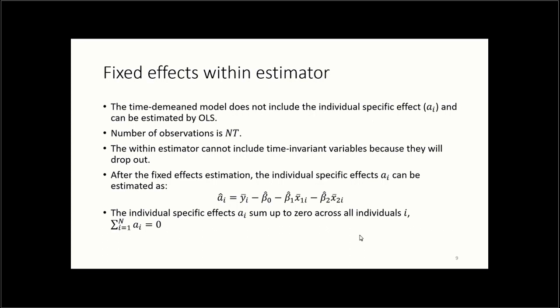So again, take the example of education: if it does not vary for individuals in the sample, so if no one got additional education, the number of years of education minus the mean would basically be 0 for everyone. So such a variable, a time invariant variable, would drop out.